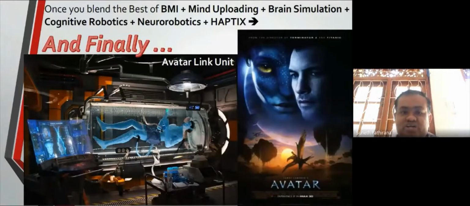And finally, this is the expectation. By having a blend of all these advanced technologies, brain-machine interfacing, mind uploading, brain simulation, digital twin, cognitive robotics, or what we call cognitive psychology, neurorobotics, haptics, once we combine all these things, finally we will be able to create a kind of artificial life or an avatar.